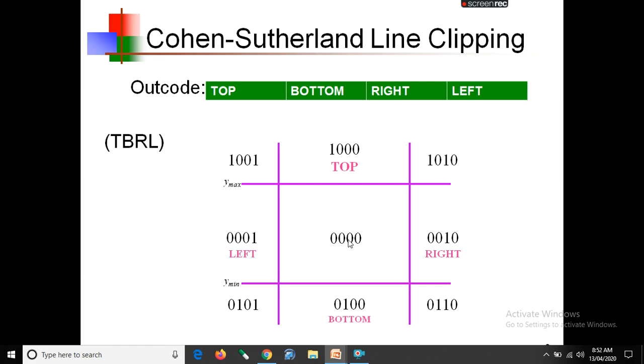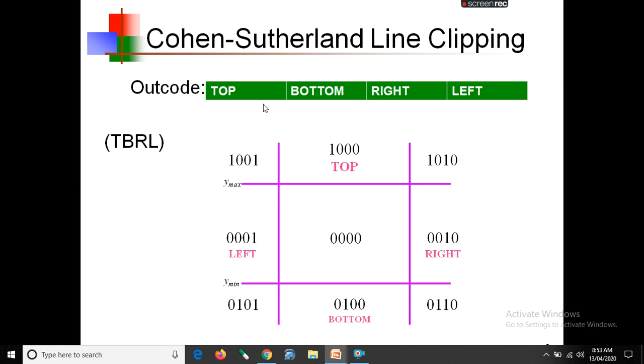If the given endpoint P lies in this area, it means that we need to accept that endpoint. If that endpoint lies in the other 8 regions, out of the total 9 regions, other than 0000, it means that we need to perform clipping.